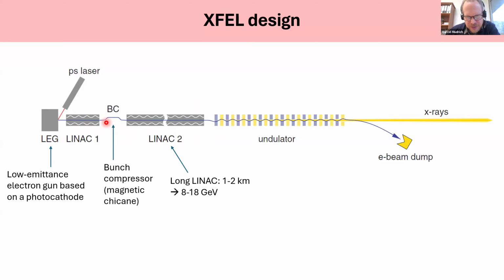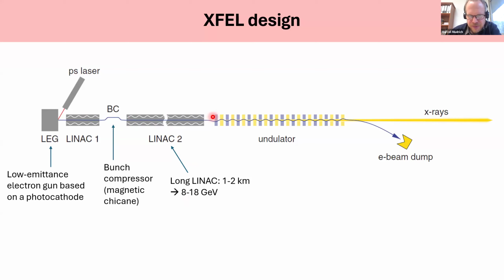We need the electrons to be accelerated to really high energy, meaning on the order of 8 to 18 GeV, which is typically a factor 2 to 4 more than in a synchrotron.